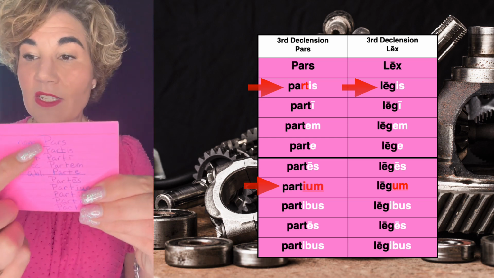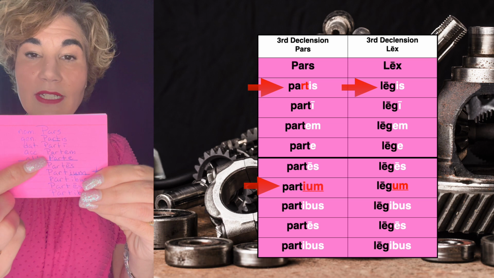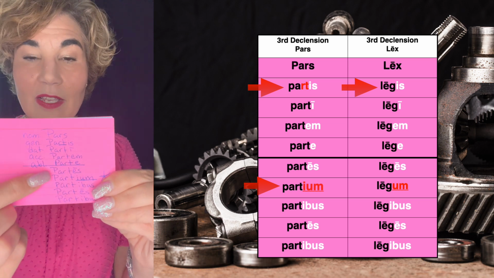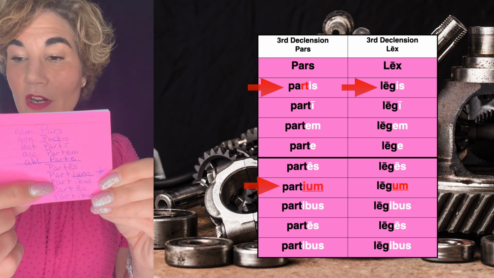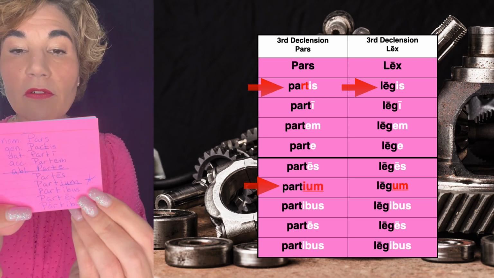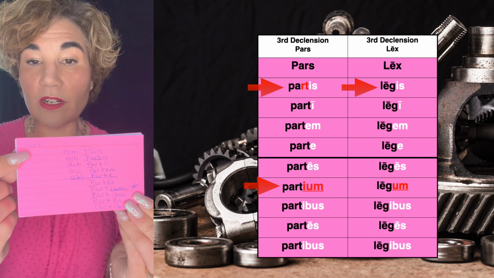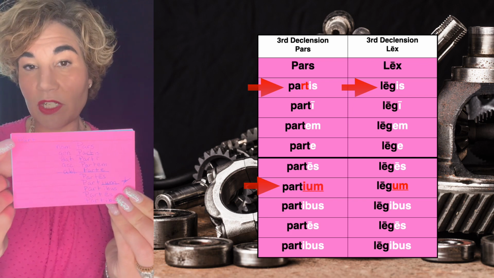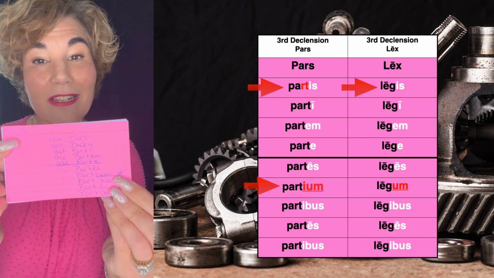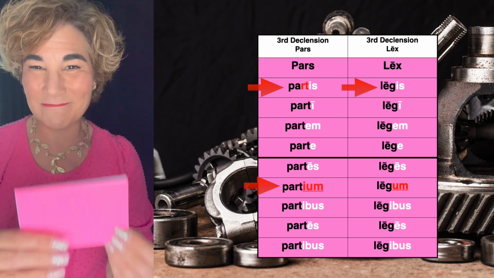So this one is pars, partis, parti, partem, parte, partes, partium, partibus, partes, partibus. You can see I underline and star the IUM just to remind me that words like pars, which means part, have this little different part. And remember, part and then parts.